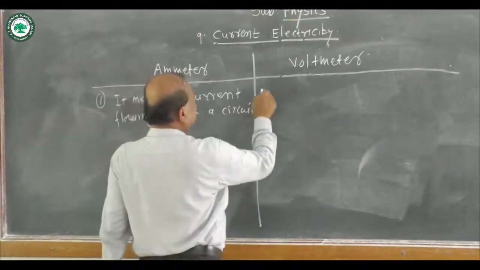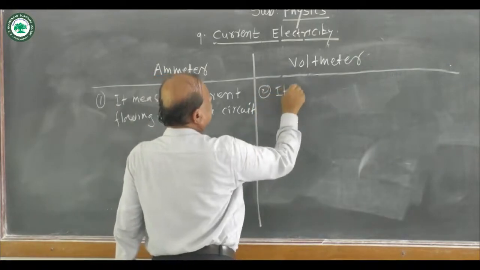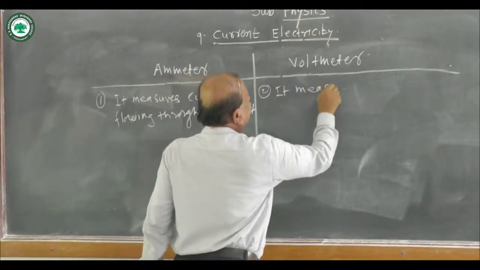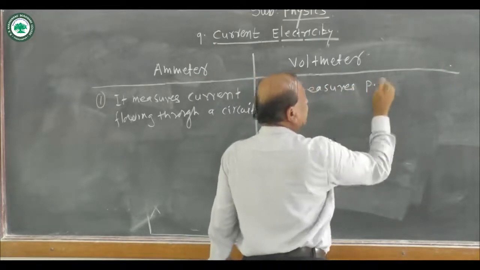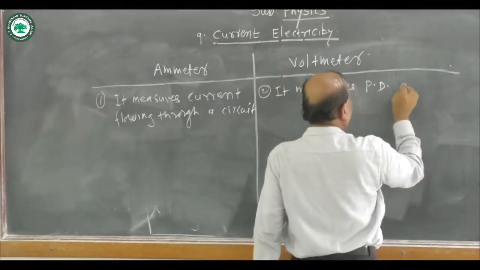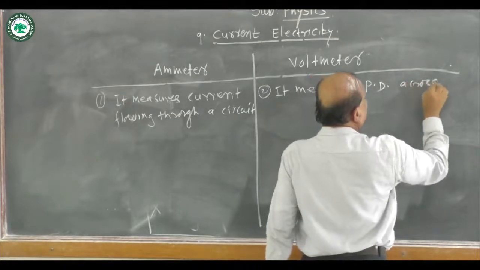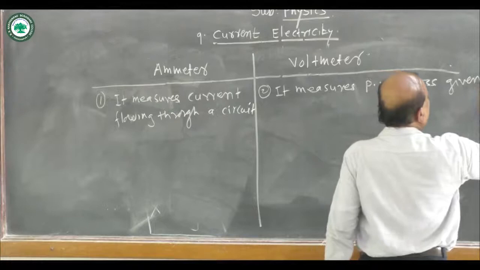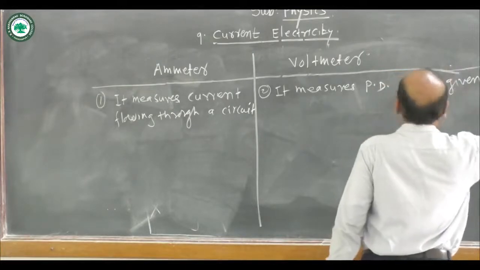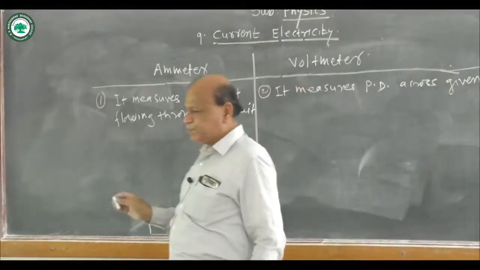Here the voltmeter measures the potential difference across the given circuit.